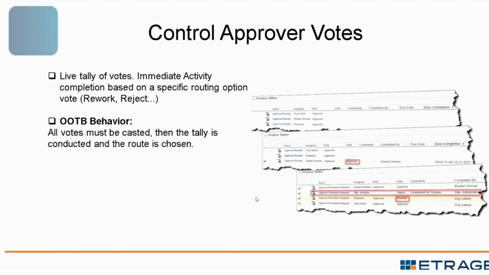And at that point, the tallying executes, and the system evaluates if there are any reworks or rejects, then it goes that route. Well, typically customers do not like this. They say, what we like to do, as long as approvers are approving, then wait. But if any of them says reject or rework, we want to automatically go that route and have the other tasks be completed automatically.